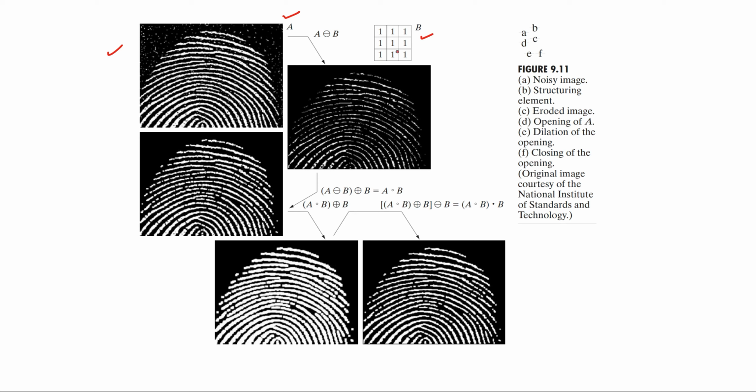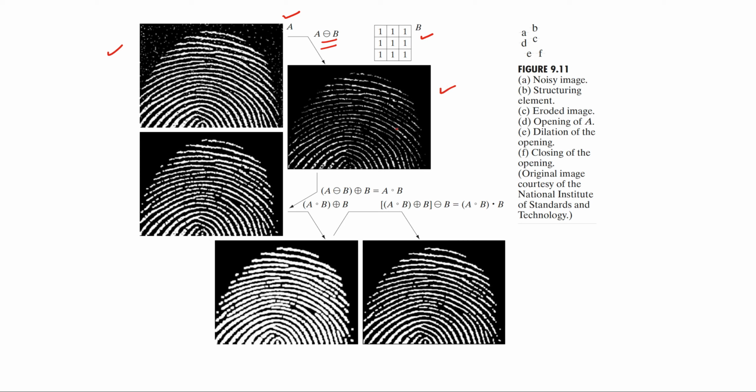This is a 3 by 3 structuring element of square shape, and first I am doing the erosion operation of this image with this structuring element. You can see that the portions in which this structuring element cannot be completely confined will be eliminated, and the portion in which we can completely confine that structuring element will be preserved. So this is the result of the erosion.